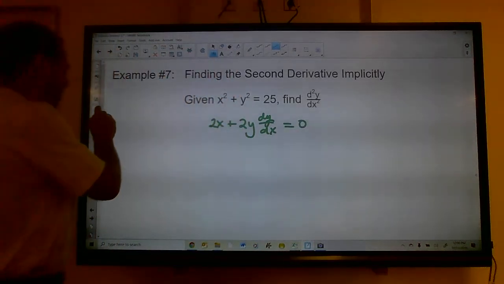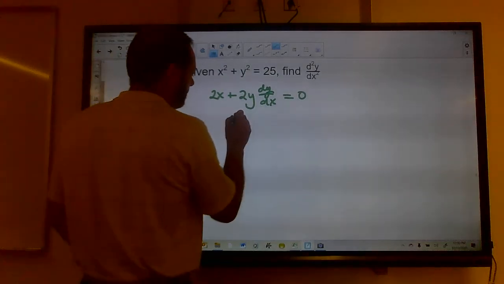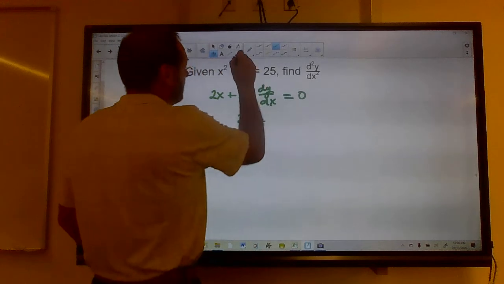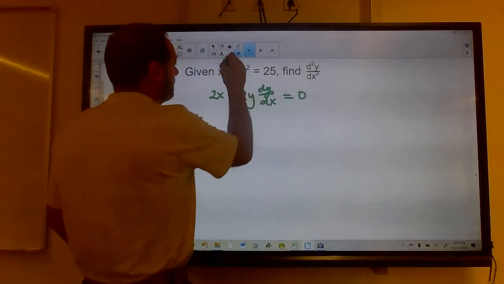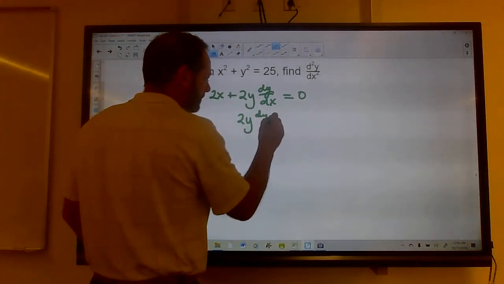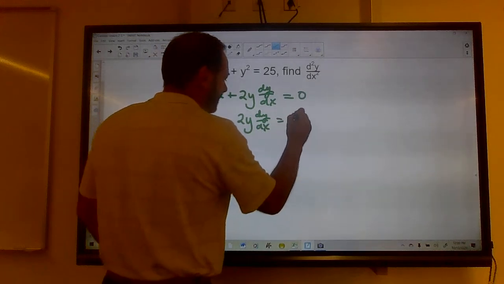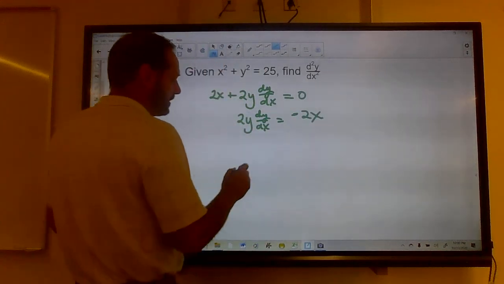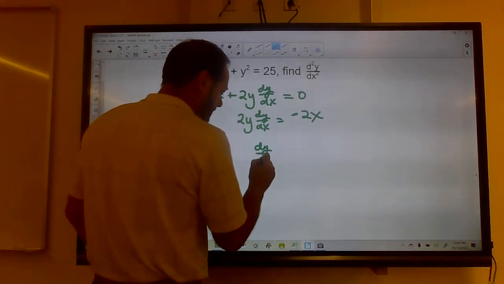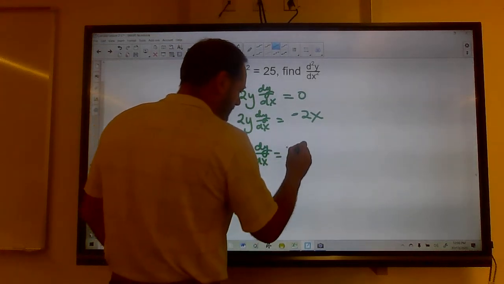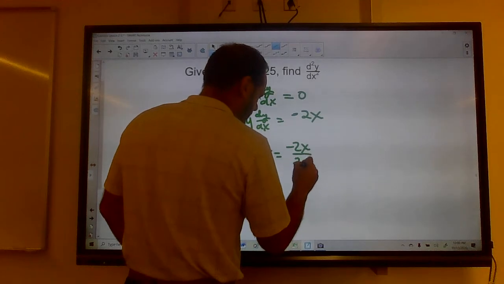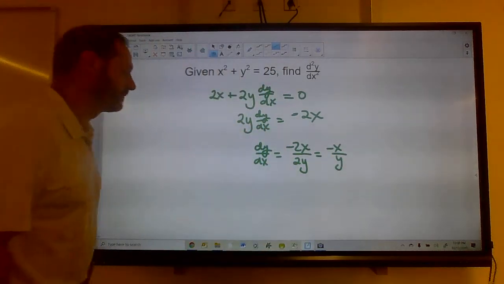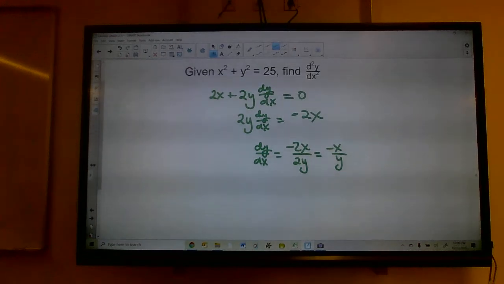And now we're going to solve for dy dx. So 2y dy dx equals negative 2x, and then dy dx is negative 2x over 2y, which is just negative x over y. So there's my first derivative.